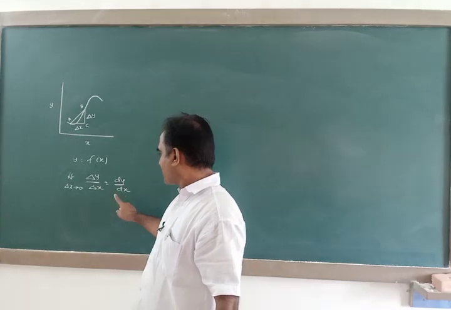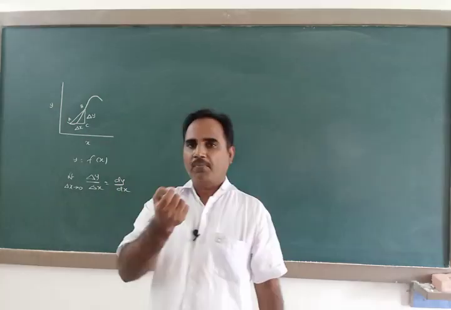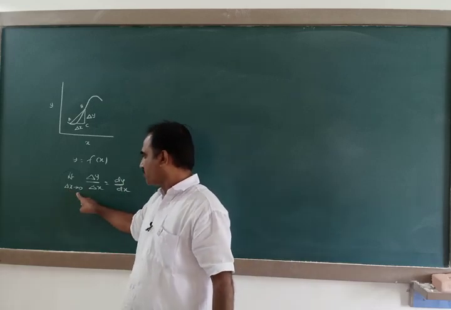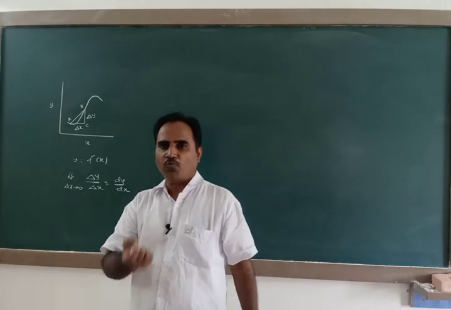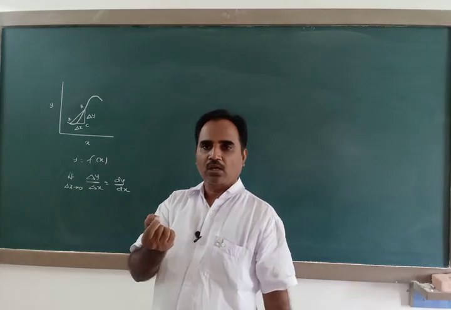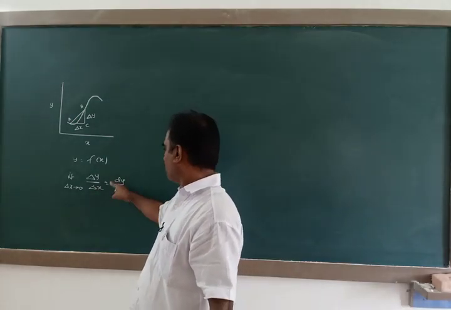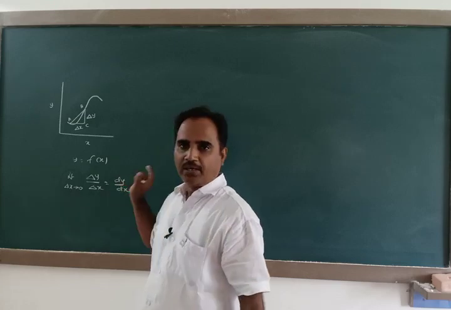That means when x changes infinitesimally small amount, see delta x tends to 0 means this x is changing very small amount, then the corresponding change in y, it is given by this dy by dx.